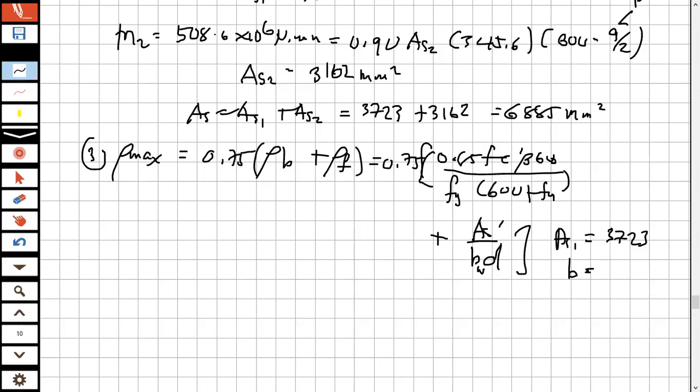So for bw, it's 375. And then d, you have 600. So for our maximum steel ratio, multiplying 0.75, you just calculate. We have beta, f'c, and then you can have the value equal to 0.033035.